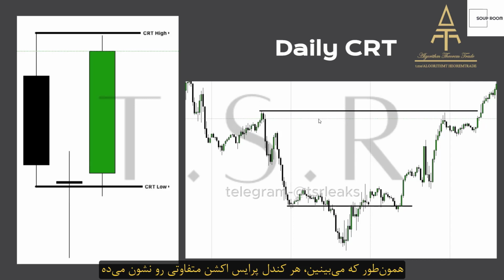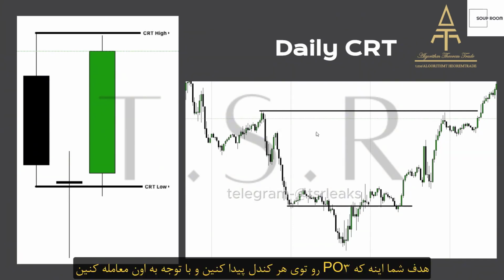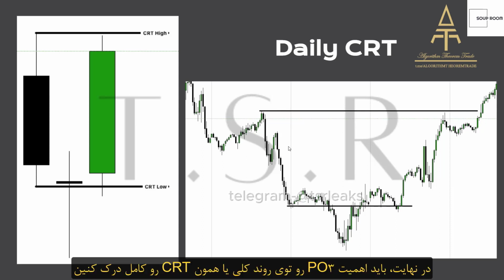As you can see, in every single candle price action will form differently. Your goal is to find the power of 3 within every single candle and trade it that way. Ultimately, you must also understand the importance of the power of 3 of the overall trend, meaning the overall CRT.